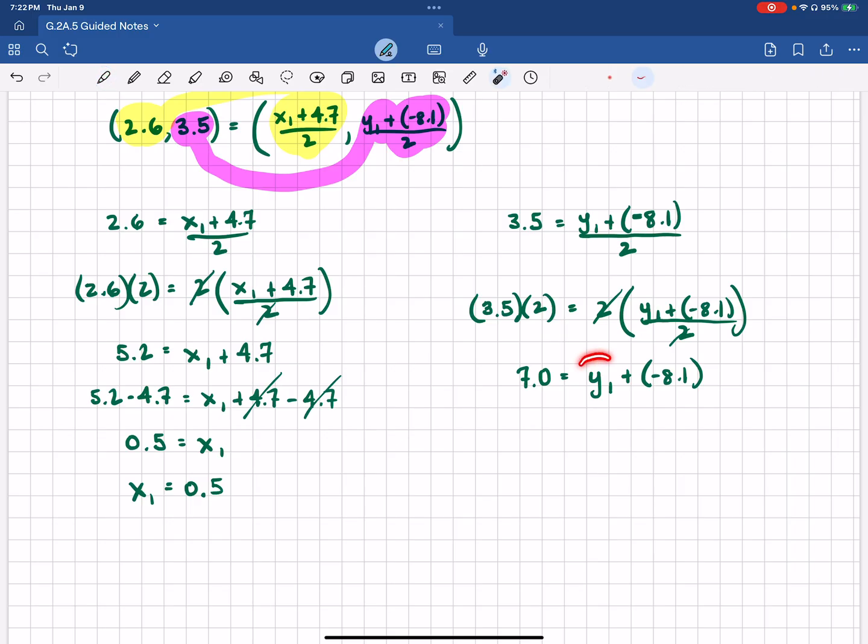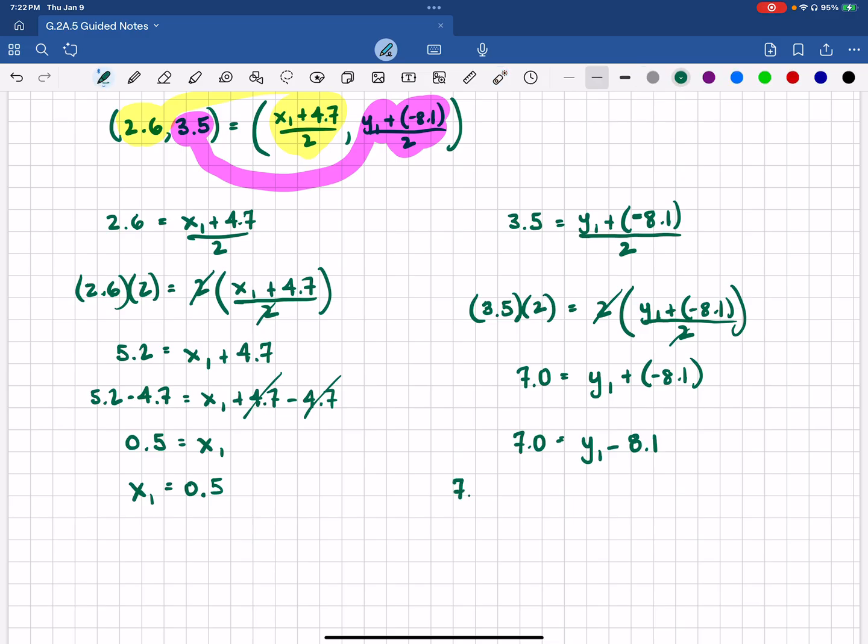Now notice, I want to get the y1's by themselves. In order to do that, I'm going to rewrite this so that it makes a bit of sense, knowing that if we're adding a negative, all we have to do is subtract it. And so now it's a little bit easier to see what we have to do, because we know that we're taking 8.1 away from y1. So in order to get y1 by itself, we're going to have to add 8.1. And if we add it to the right side, we have to add it to the left.